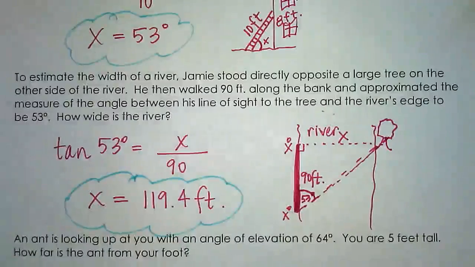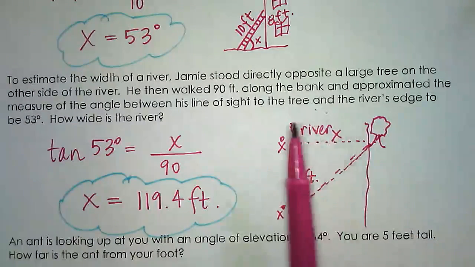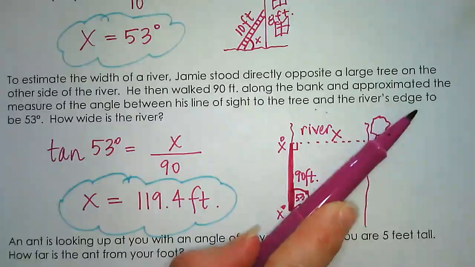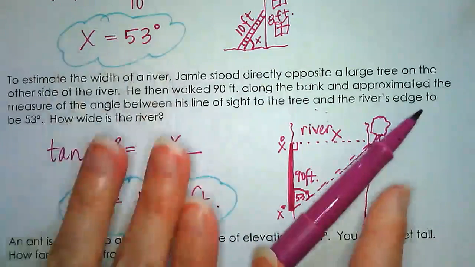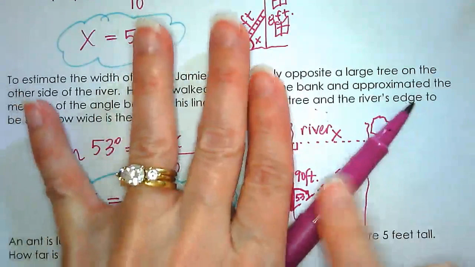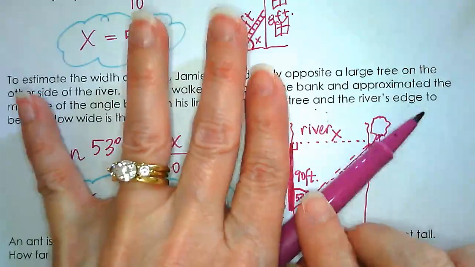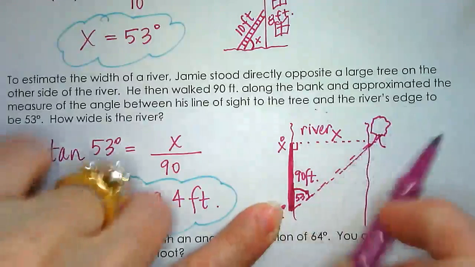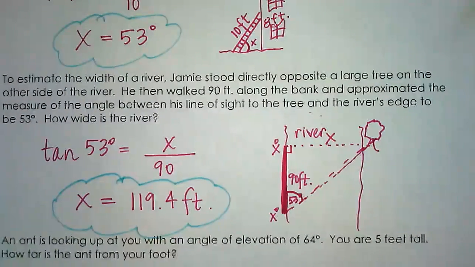If we were in school, we would be doing that. He measured that the line of sight to the tree, which is the hypotenuse, and the river's edge is a 53 degree angle. So this is the angle he was talking about that was 53 degrees.